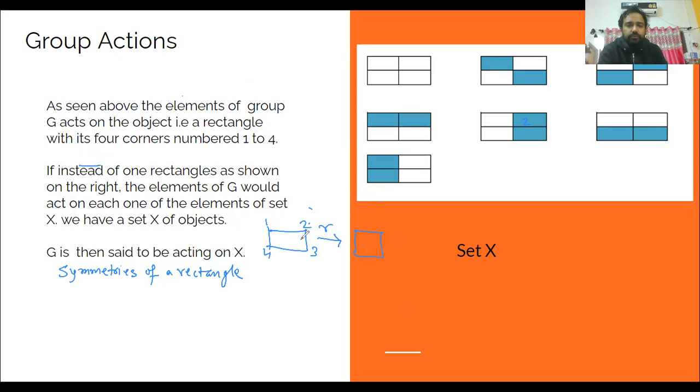So the 2 would move here, and you just check the sequence in the anti-clockwise direction. 1 follows 2 in the anti-clockwise direction. 4 follows 1, and 3 follows 4. So this is what you get.